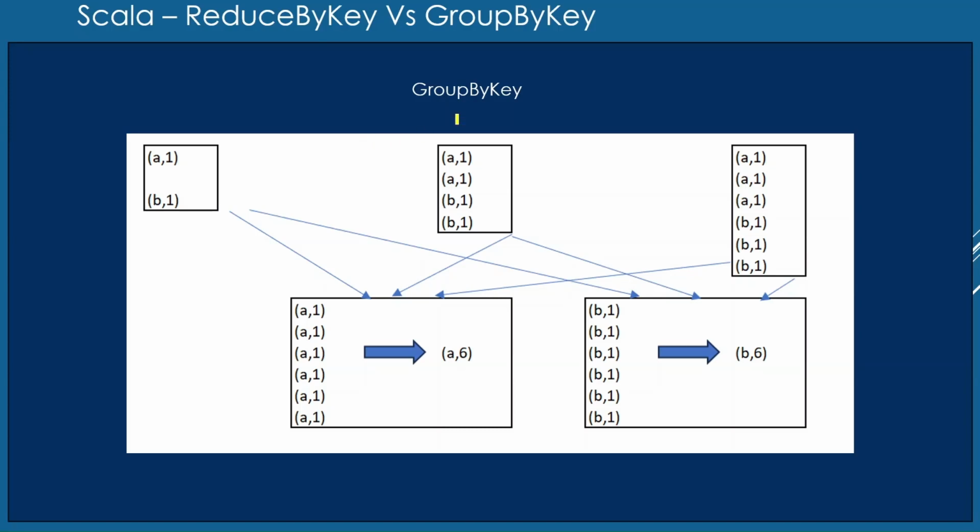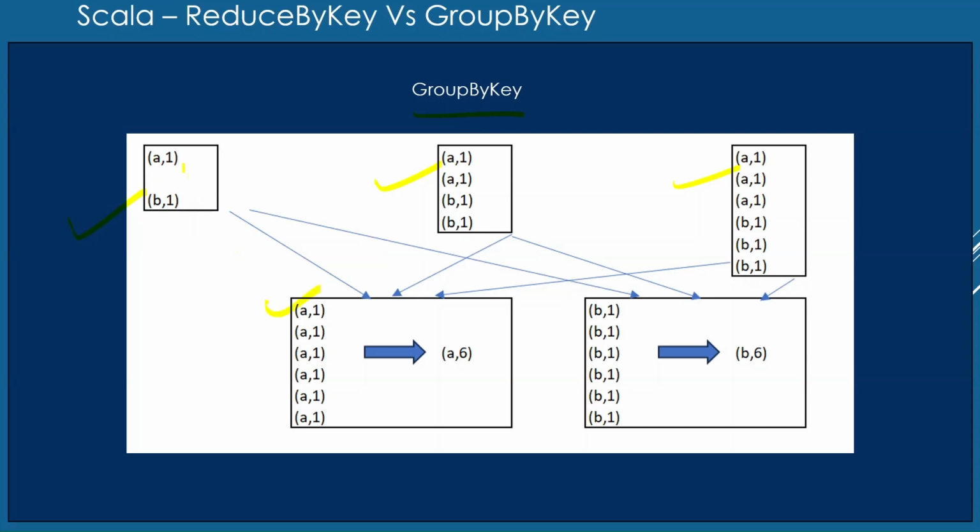Let's understand group by key with the help of this pictorial representation. This is the partition which sits in one executor, this is the second partition, and this is the third partition. Suppose we apply group by key on the RDD. At the very first stage the shuffling is happening.